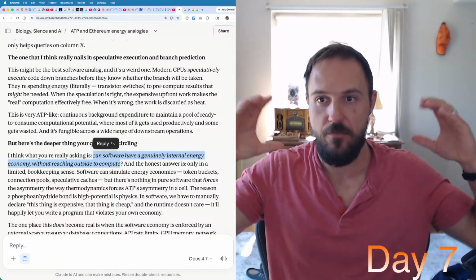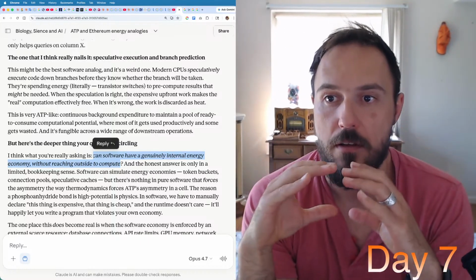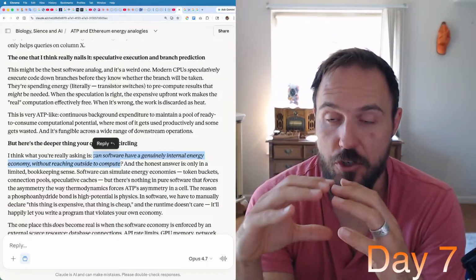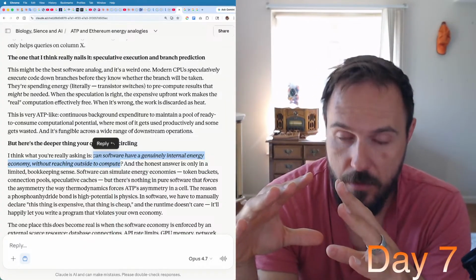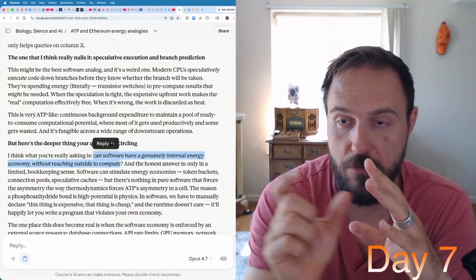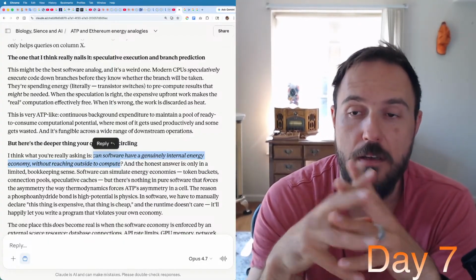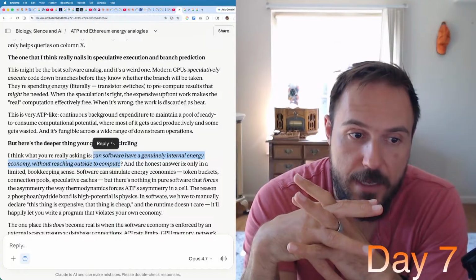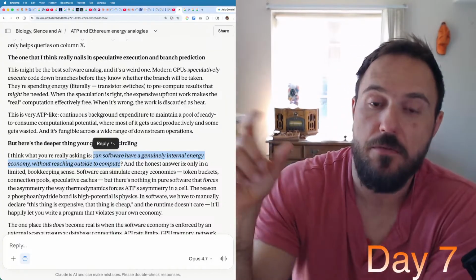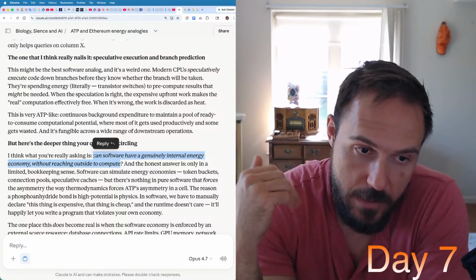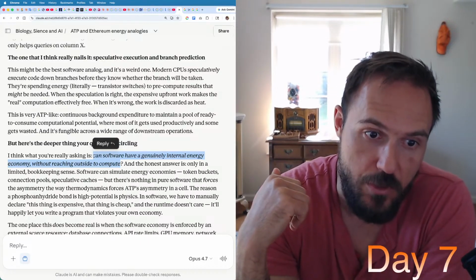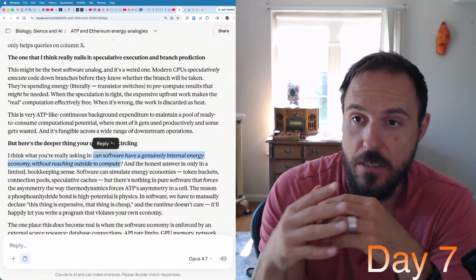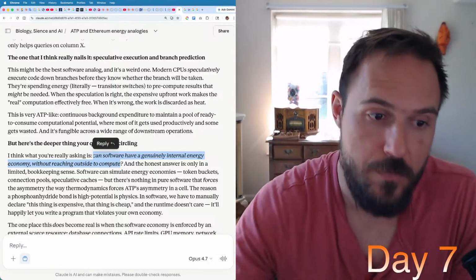Given we have constant compute, like we have a sun and a constant energy beam going to our planet. Its changes vary based on season, rotation, etc. But given we have that as a constant, given we run a simulation, computing constantly, maybe with some variation, can inside of that simulation, inside of software, we have a genuinely internal energy economy? Besides the entropy that everything wants to fall apart.